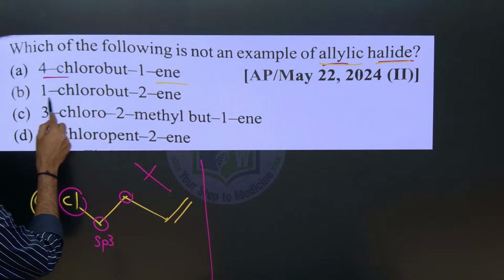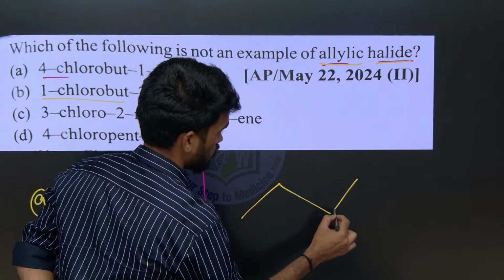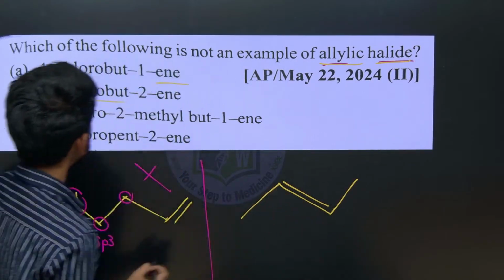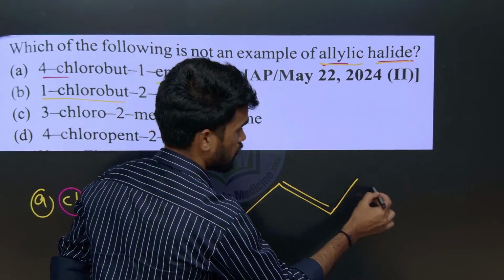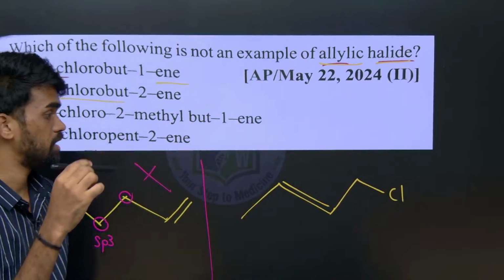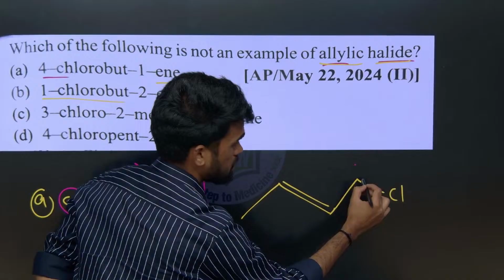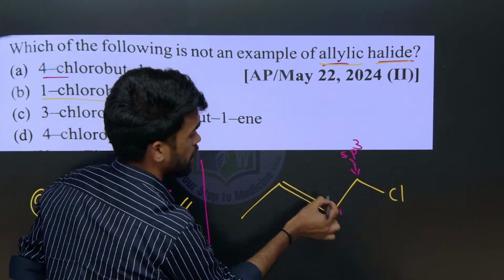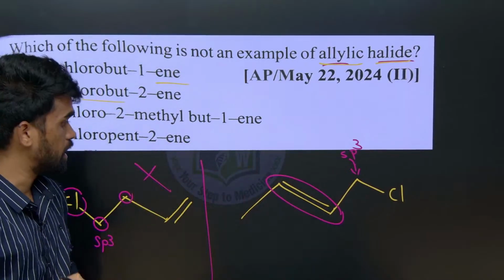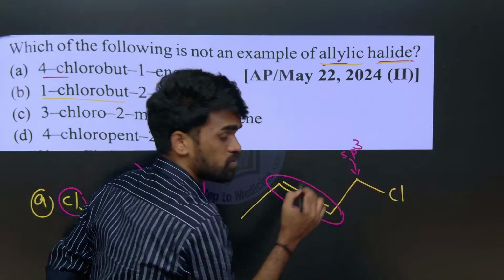Next, go for the option but-2-ene, 1-chloro. Numbering from here, we are almost at our answer. This is an sp3 hybridized carbon attached to an alkene group, so this position is the allylic position.